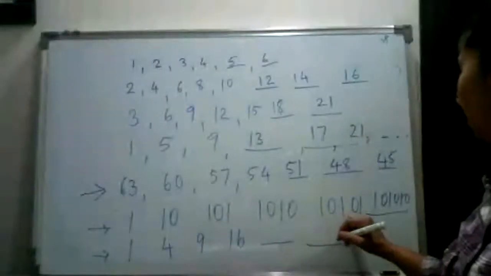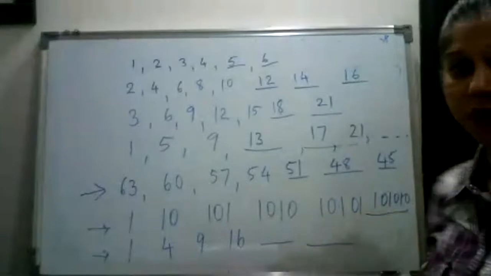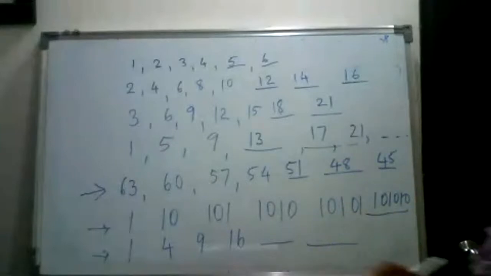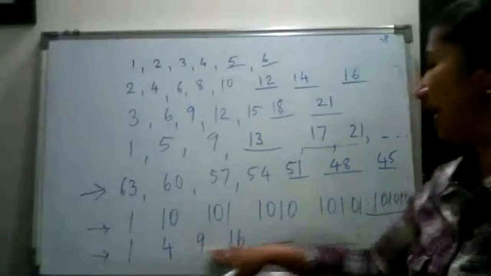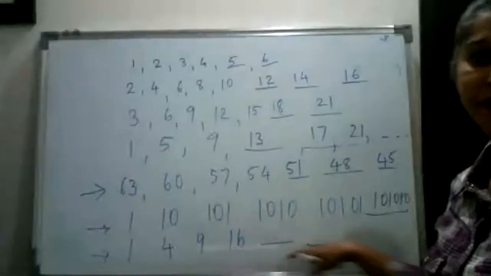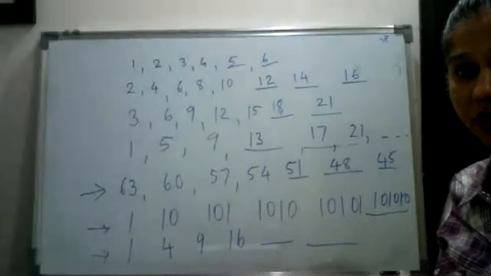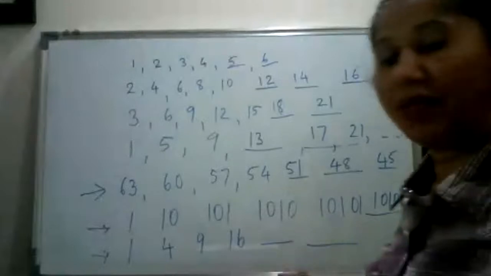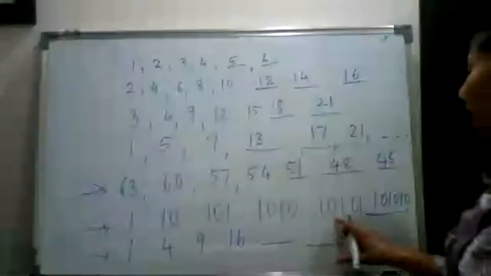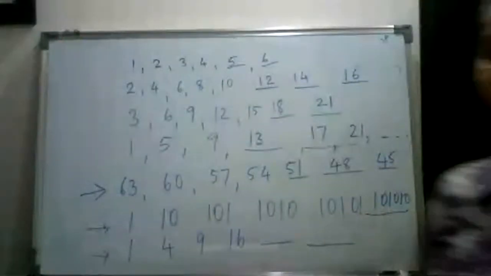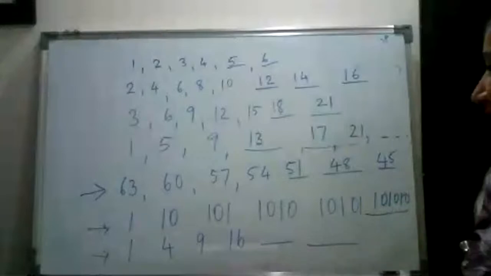One more time: 1, 0, 1, 0, 1. Okay, next one: 1, 4, 9, 16. Most of you are correct. Priyanka, you are a bit wrong. You put a zero, I think. We already have 1, 0, 1, 0, 1 here. Okay, and one more, quick. You can write this. I'll think of one more.